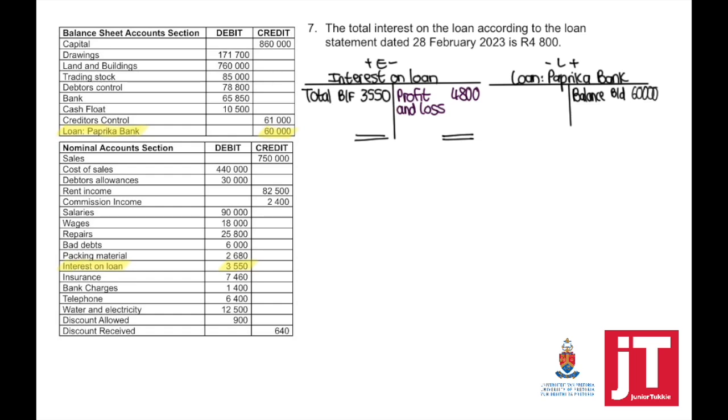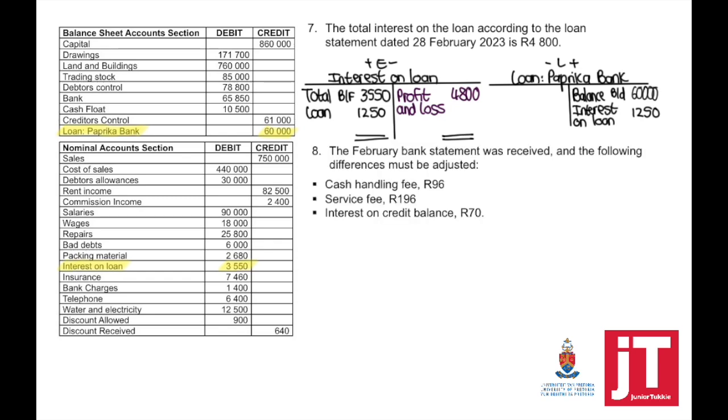The same approach as we've done before. Our total interest for this year is supposed to be 4,800, which means the difference is 1,250, which is still outstanding, and this will now be added to the loan account. When they're talking about a loan statement, interest is capitalized, which means it will be added to the loan account.